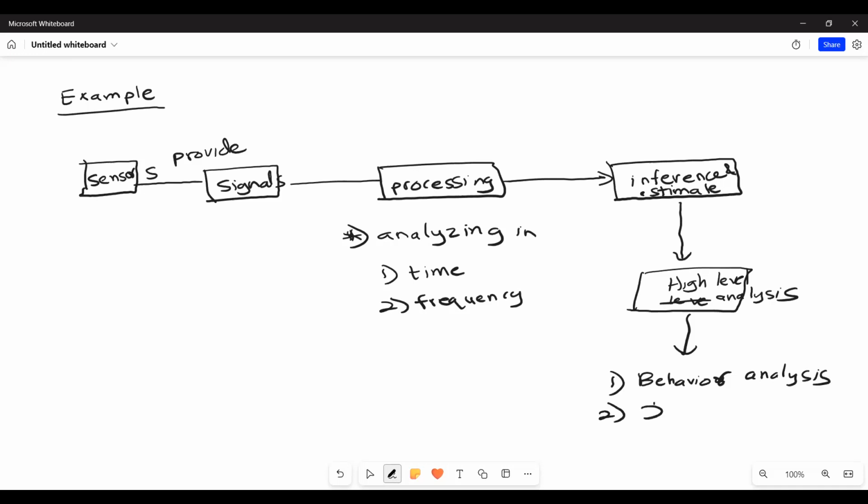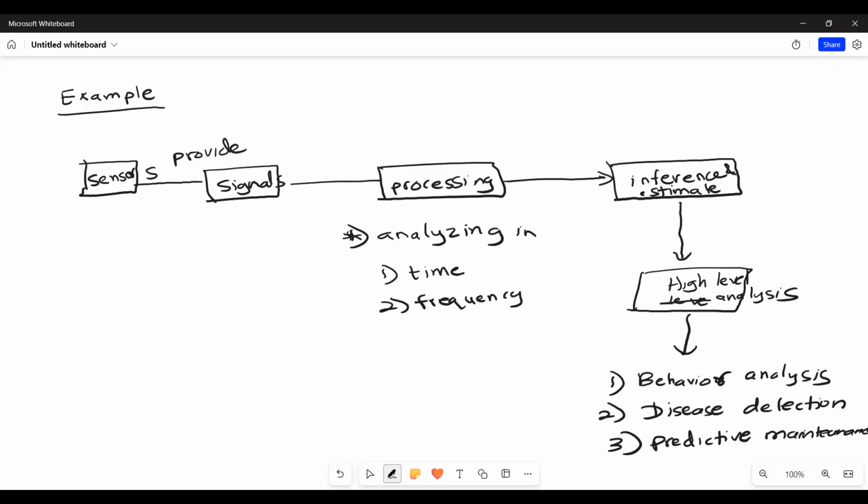High-level analysis means the case of applying the estimation that we made for a certain specific application, such as behavior analysis, disease detection, predictive maintenance, and likewise, right?